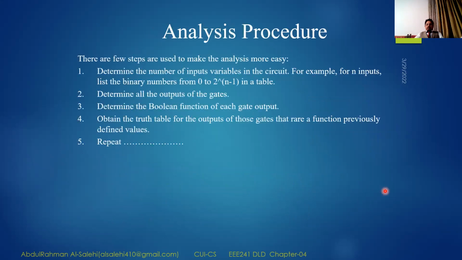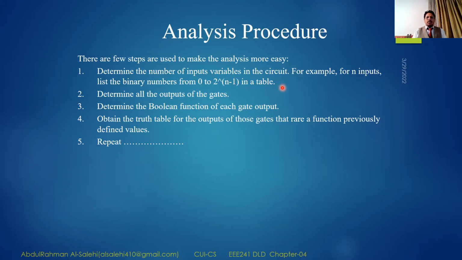So a few steps are there if I'm going for the analysis of the circuit. First of all, I have to determine every input and output coming to the gate or going from that gate. So determine the number of inputs and outputs. For example, for n inputs, list all the binaries from 0 to 2 power n minus 1 in a table.